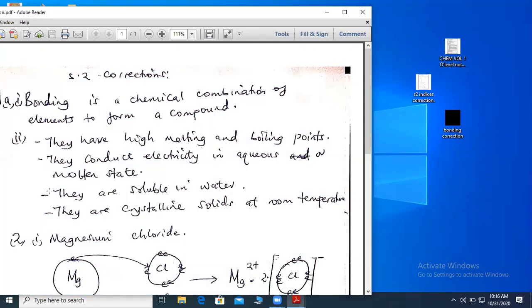So molten state is the state in which a solid has been heated to become a liquid. So if we are saying for ionic compounds they conduct electricity, then for covalent compounds we should say they don't conduct electricity.